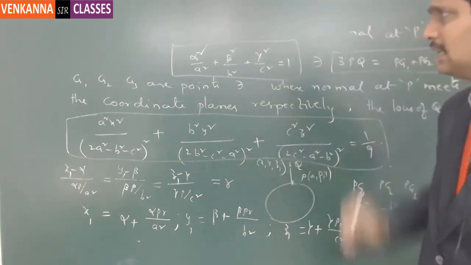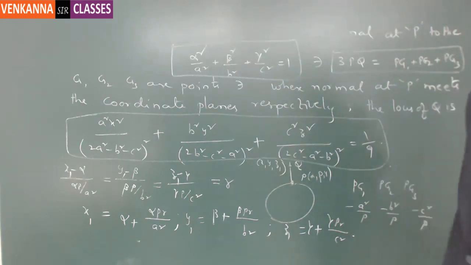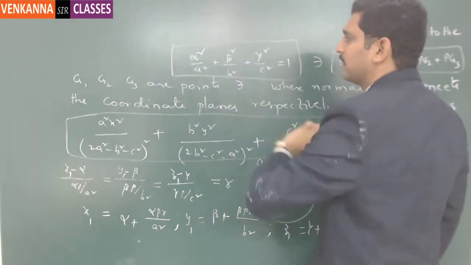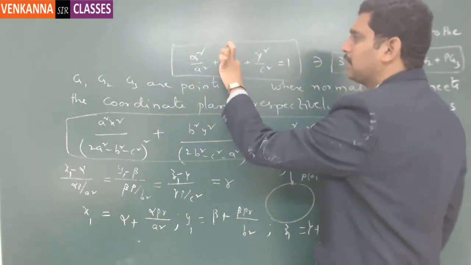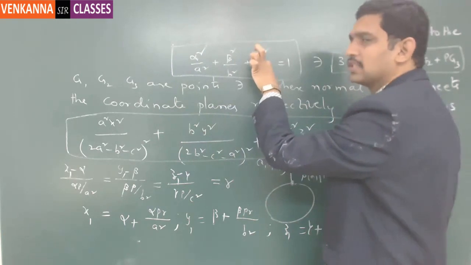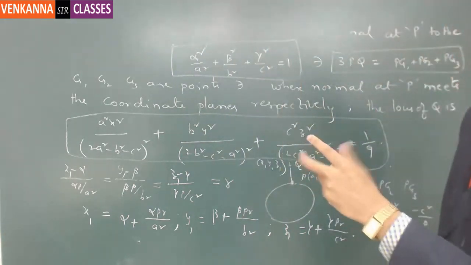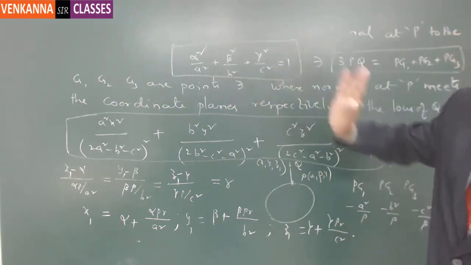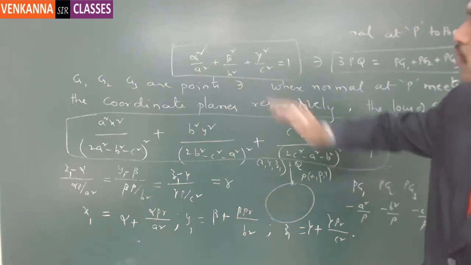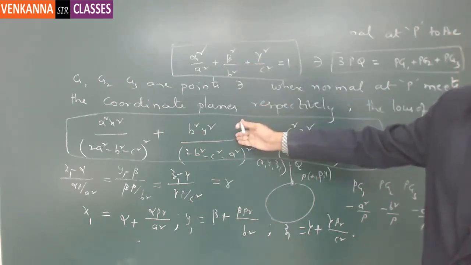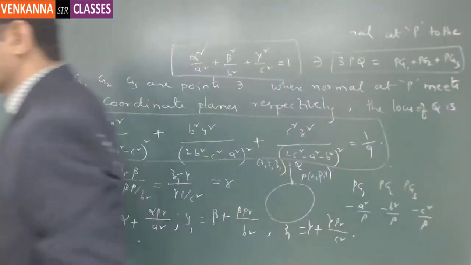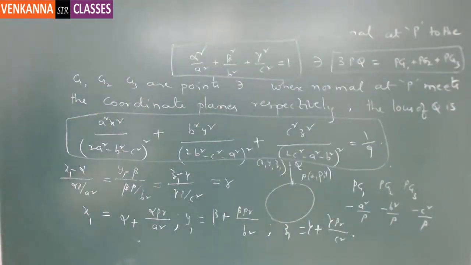In order to get the required locus, in this equation, if you observe, this is (alpha by a) whole square, this is (beta by b) whole square, this is (gamma by c) whole square. I want to calculate the respective values of alpha by a, beta by b and gamma by c. If I substitute those values here, I will get the respective locus. That is my whole idea in solving the problem. Okay? Are you getting the content?